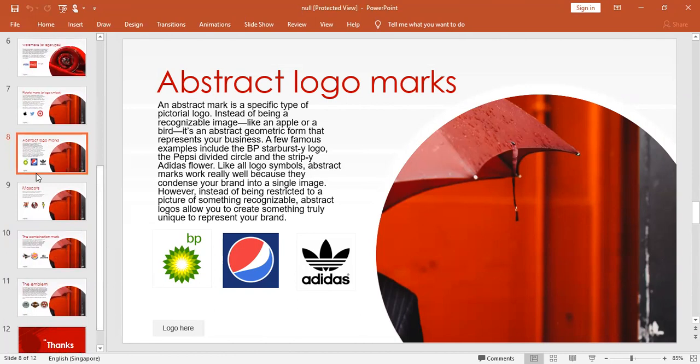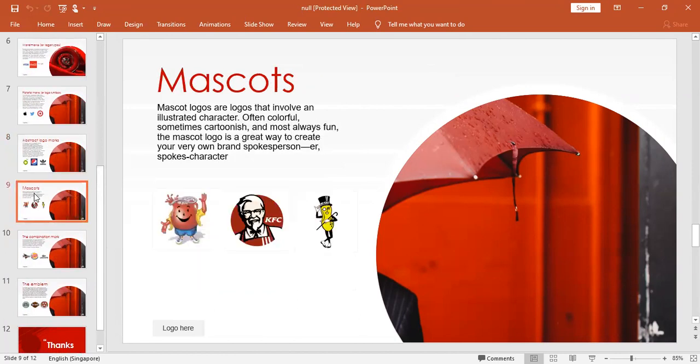And then mascots. Mascots means the illustrations which are used to get identified when we use an illustration, when a human or a product real picture is turned into a graphic.